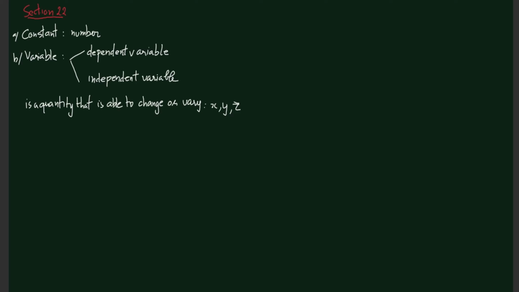And an independent variable is a variable that is not dependent on another quantity. So if a quantity depends on another quantity, then we say it's a dependent variable. If a quantity does not depend on another quantity, then it's an independent variable.